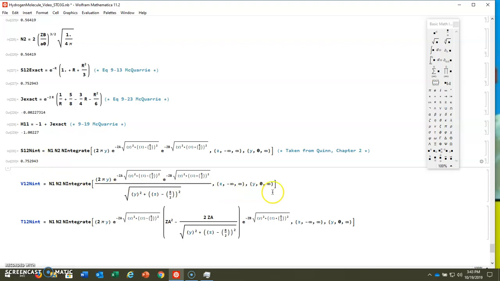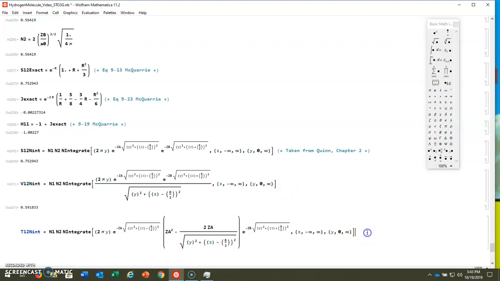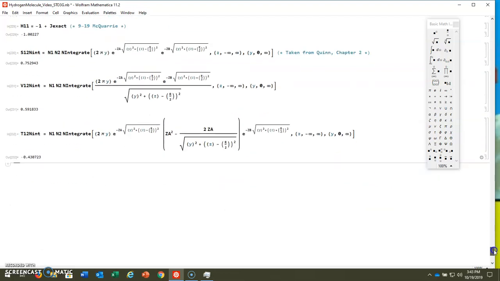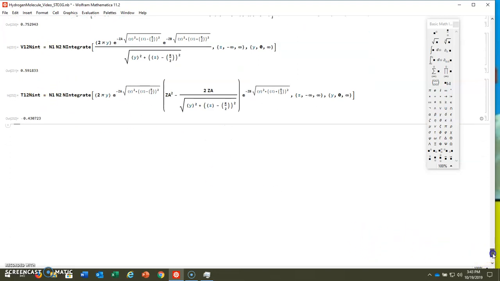Also kind of rooted out of Quinn. The equations aren't exactly in there, but I could kind of back them out and get these equations, and I'm not sure whether they are supposed to agree with some V or T integrals that I had up above. I don't really know.